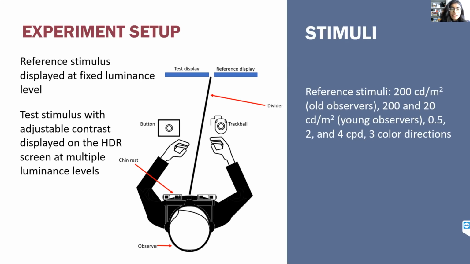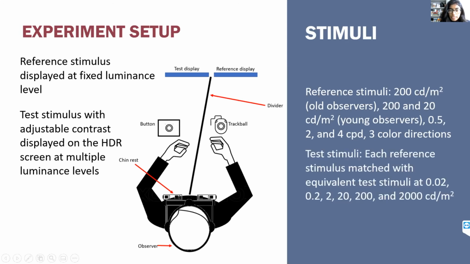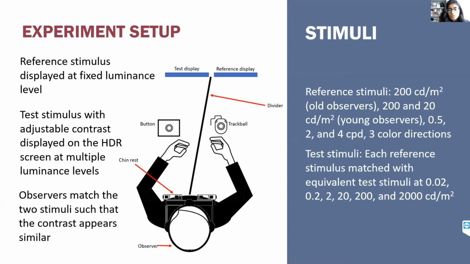We used 3 different spatial frequencies and 3 color directions at 3 different suprathreshold levels, which we will refer to as low, medium, and high. For each reference stimulus, the corresponding test was displayed at one of these background luminance levels. And the observers were asked to adjust the contrast of the test stimulus to match the reference stimulus.